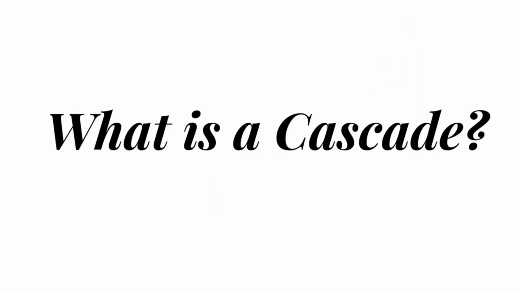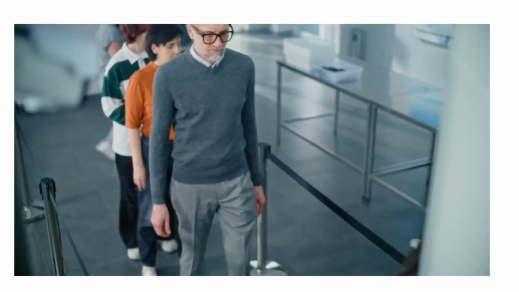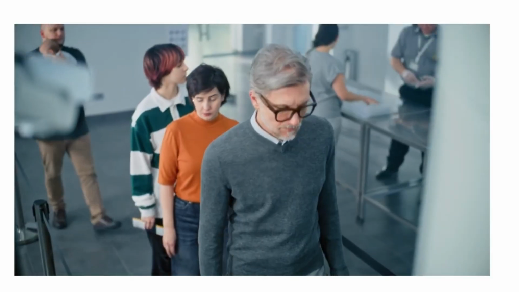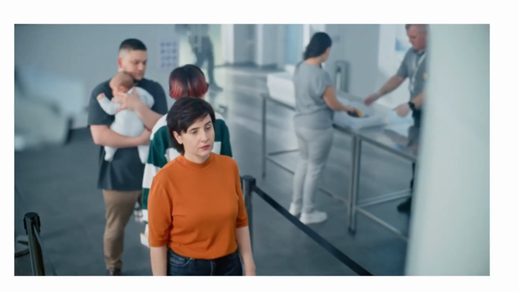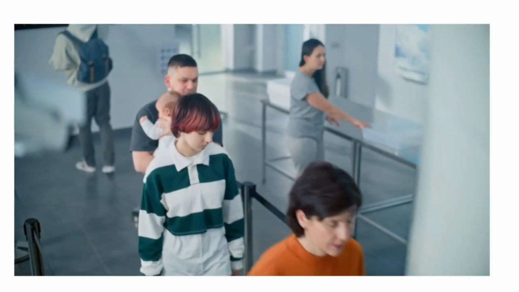So what is a cascade? Imagine airport security. Everyone passes through the first checkpoint. Only a few candidates reach the final stage. A Haar cascade works similarly. Instead of testing every window with a complex algorithm, it quickly rejects regions that are definitely not faces.